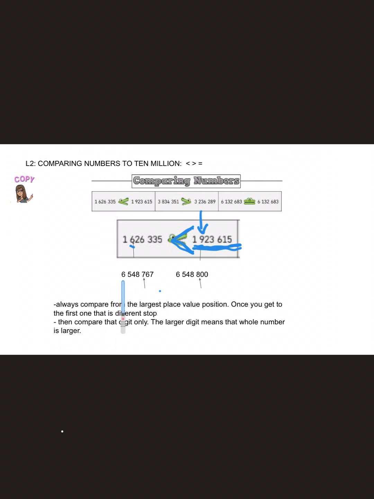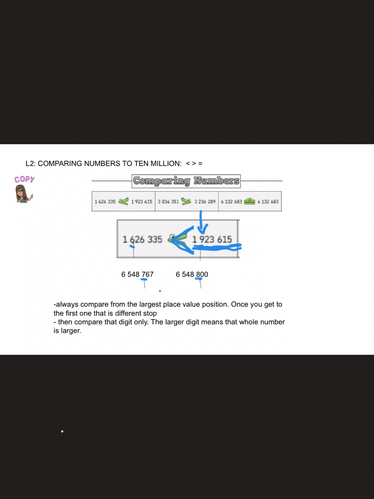All right, let's try it one more time. Again, we're going to compare with our largest place value position. So we've got a 6 and a 6. Doesn't help us. Then we're going to work our way down. A 5 and a 5. Doesn't help us. A 4 and a 4. Doesn't help us. 8 and an 8. Doesn't help us. Finally, we notice a difference, a 7 and an 8. So those are going to be the digits that make the big difference for us. What is larger, 7 or 8?